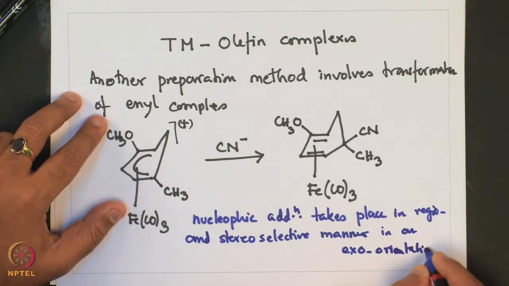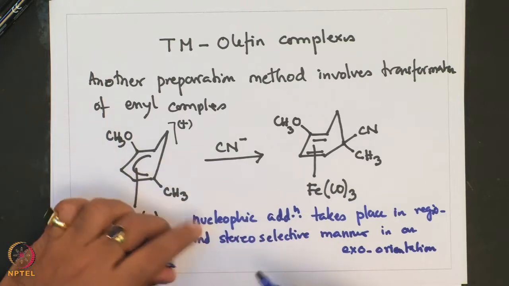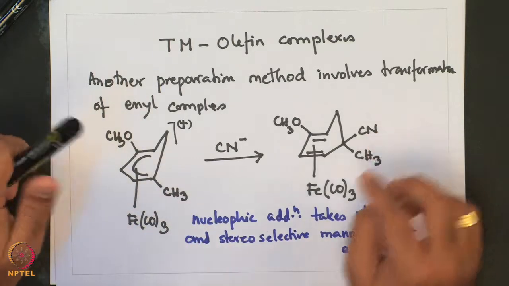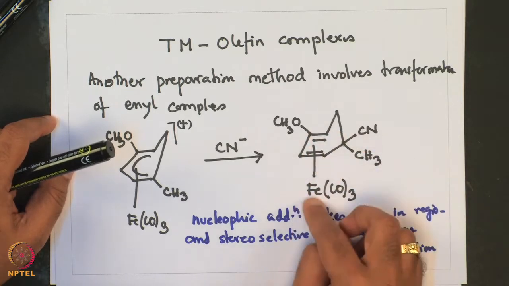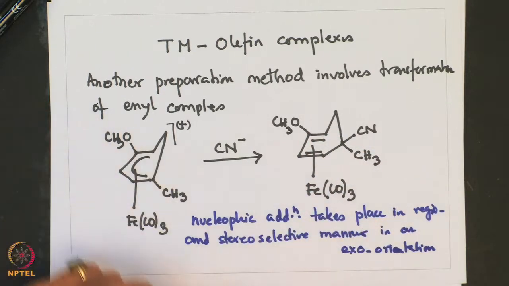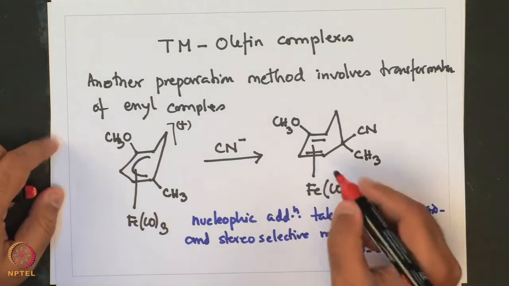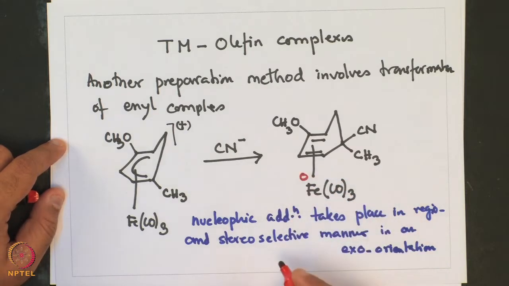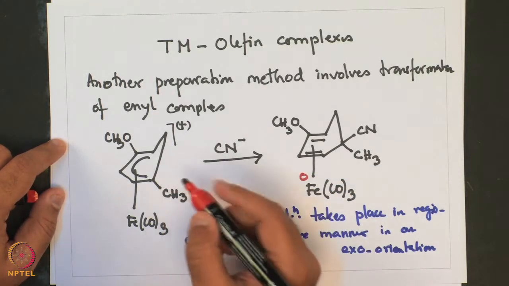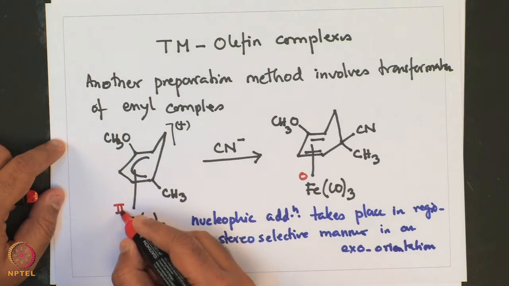As a result, the cyanide is formed on the outside of the ring and a diolefinic compound is formed bound to the metal. Because of this nucleophilic attack, the metal gets reduced to 0 oxidation state, as opposed to the 18 electron cationic complex, which was plus 2 oxidation state.